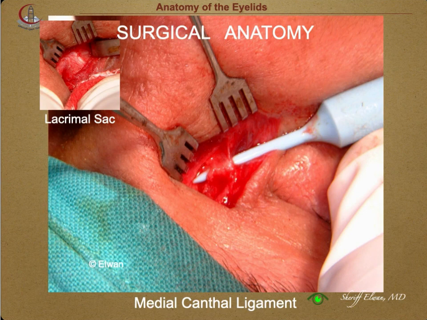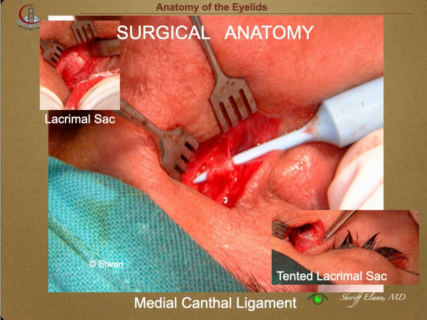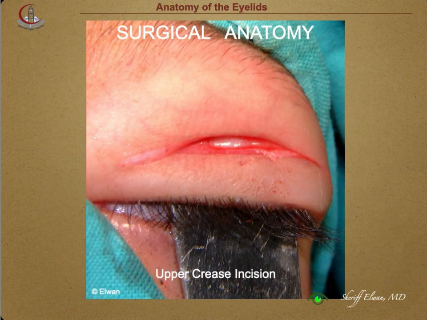And this is the lacrimal sac seen here after passing a probe in the punctum and severing the medial canthal ligament from the bone to make sure this is the right lacrimal sac.